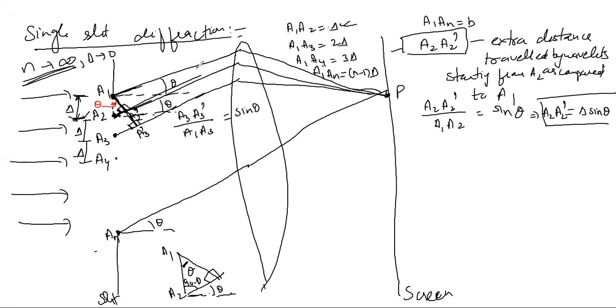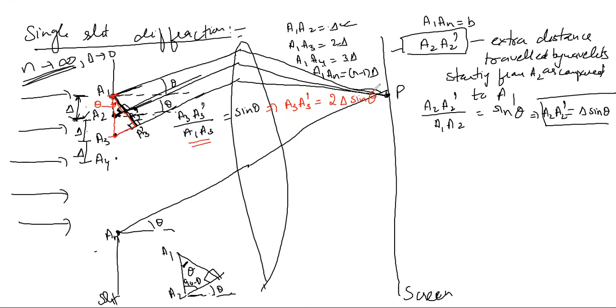Now I am talking about basically this triangle. This would mean that your A3 prime is equal to A1 A3, which is distance from here to here, delta plus delta, 2 times delta sine theta.